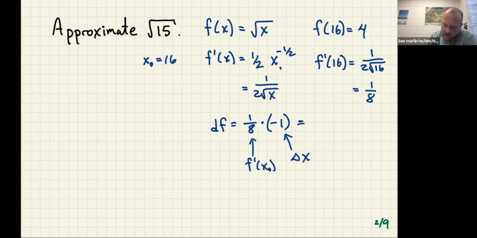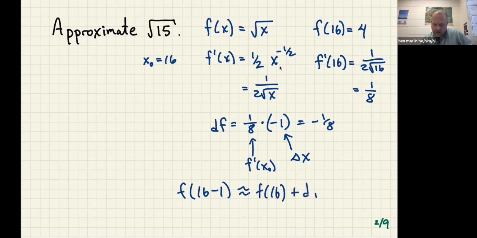All right, so out of that we get minus 1/8. So here we'll find that f of 16 minus 1 should be approximately f of 16 plus the df. So that is 4 minus 1/8.